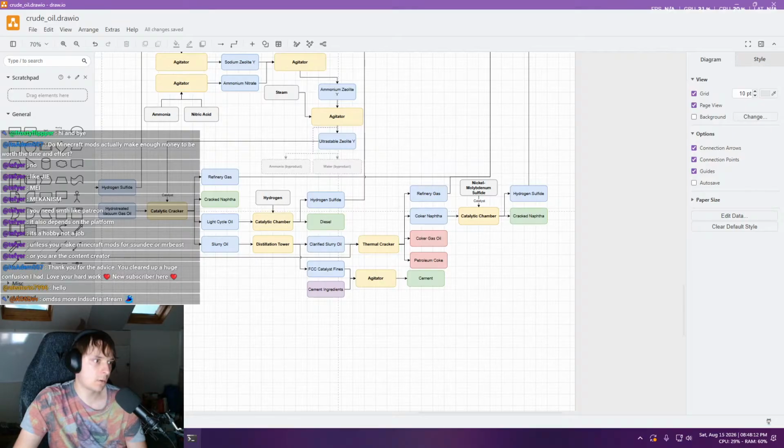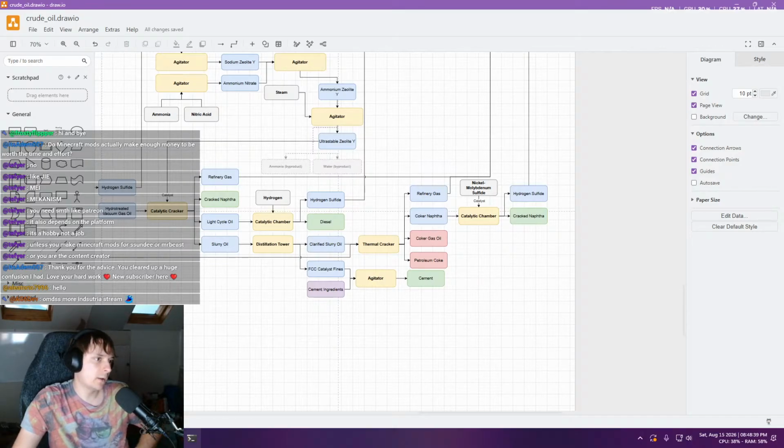Okay, so where did we get to then? So that's basically all of slurry oil, I think. Let me check though. So slurry oil. Oh, I see.